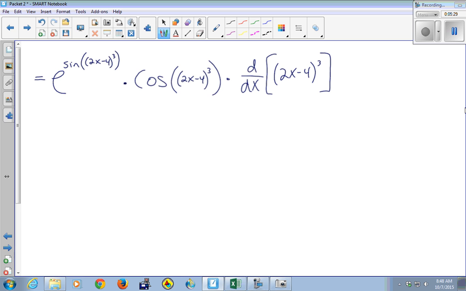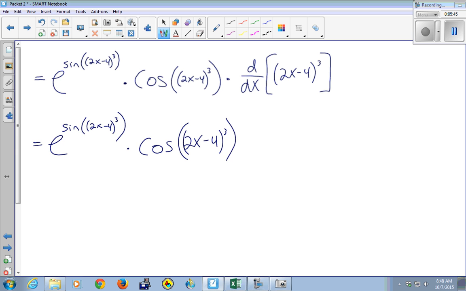Okay, so that's just the previous line. You copy the stuff you already have down. e to the sine of (2x minus 4) cubed times the cosine of (2x minus 4) cubed times. Now I have to take the derivative of some stuff cubed.